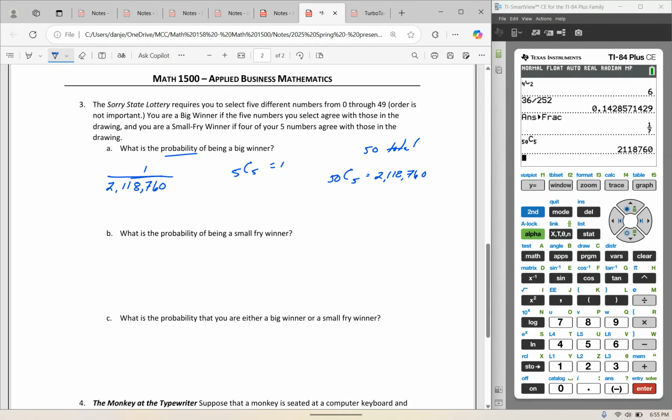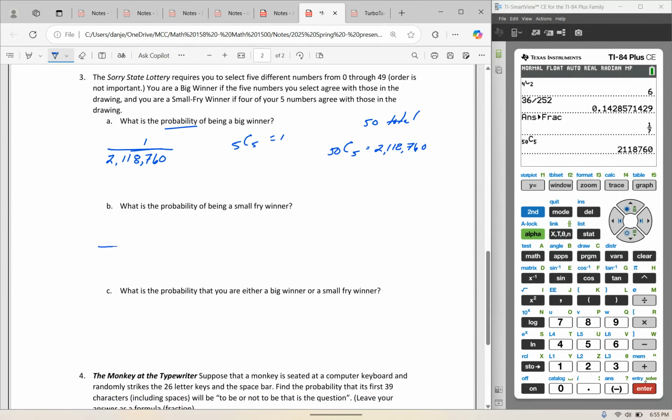The probability of being a small fry winner, you're going to have the same denominator of 2,118,760 total possible outcomes. In this case, though, our numerator is a little bit different. Of the 5 winning numbers, you choose 4 of them if you're a small fry winner. And of the 45 non-correct numbers, you chose 1 of them.